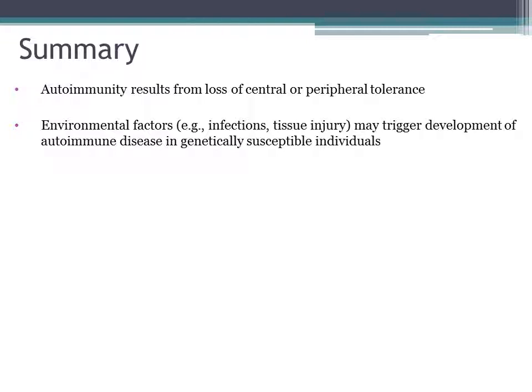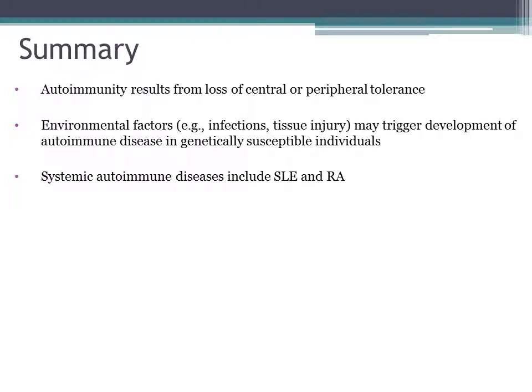The fact that there's a genetic component to this relates to the fact that if people in your family have autoimmune disorders, you are much more likely to have an autoimmune disorder, as well as the fact that any given individual with one autoimmune disorder is more prone to develop additional autoimmune disorders.